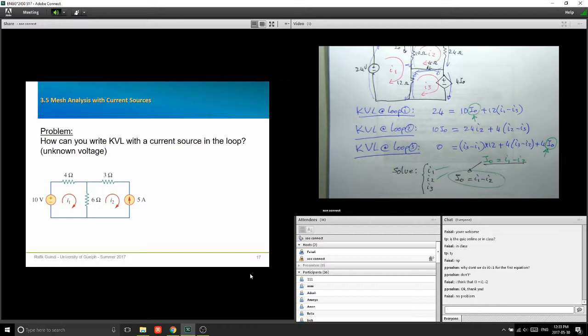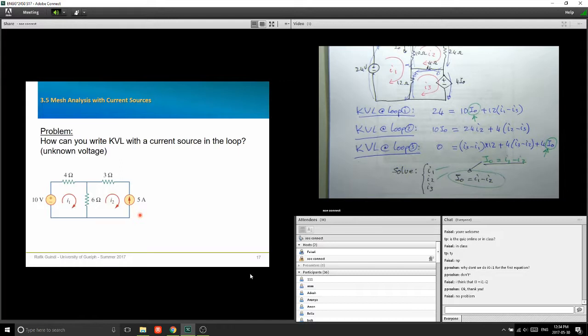So if you're going around this mesh like that, and you're coming from here to here, you have a drop, and then from here to here, you have this current source. And by definition, a current source tells you the current, but you don't know how much voltage is across it. So you cannot write KVL. Okay, so you're stuck now.